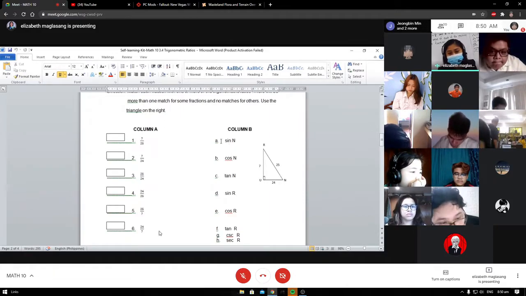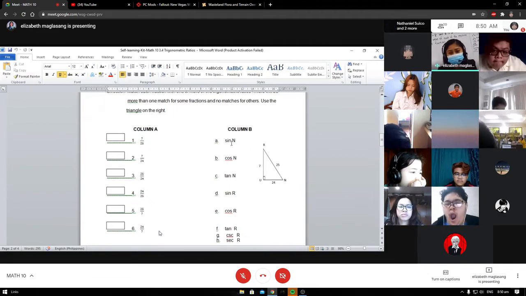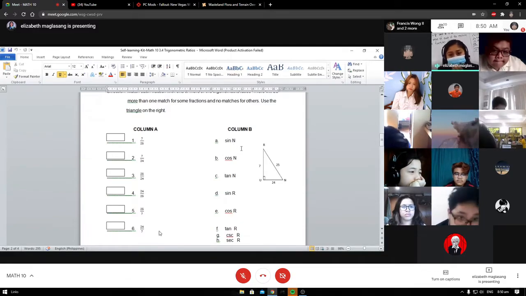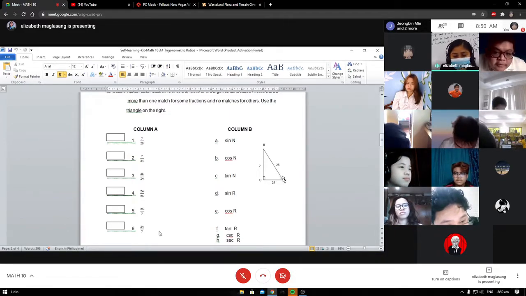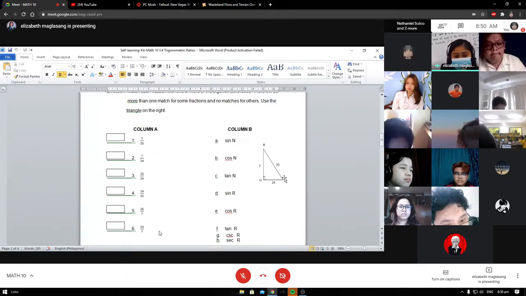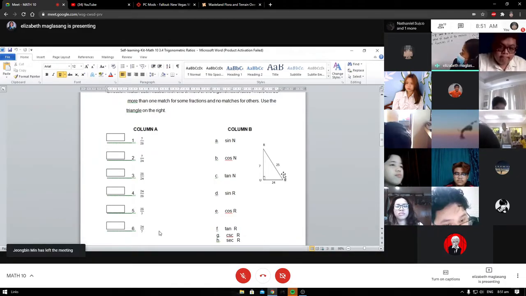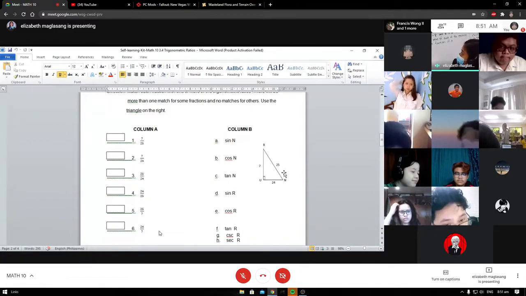Let's have letter A. I'll just give you an example. Sine N, so your theta is on angle N. What is the formula of sine? Opposite over hypotenuse.